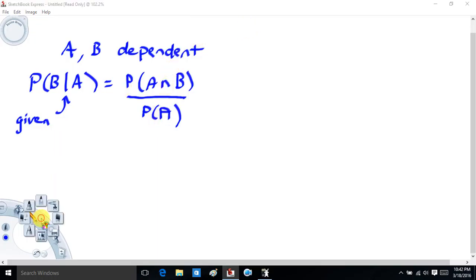So what does this symbol mean? This symbol right here. And I'm sorry, the notation was wrong. This symbol means intersection.